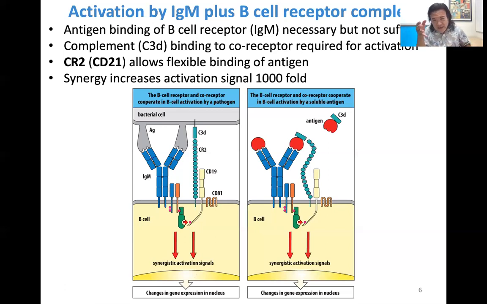They use the term activate here. I don't like the fact that they use the word activate, because activate to me means, okay, this B cell is activated now, and now something dramatic is going to happen. I think it's preemptive, like jumping the gun, to really use the word activate, because at this point, this B cell does not really activate.